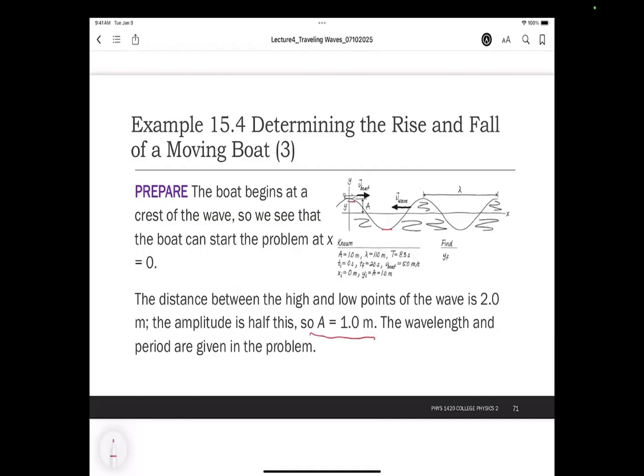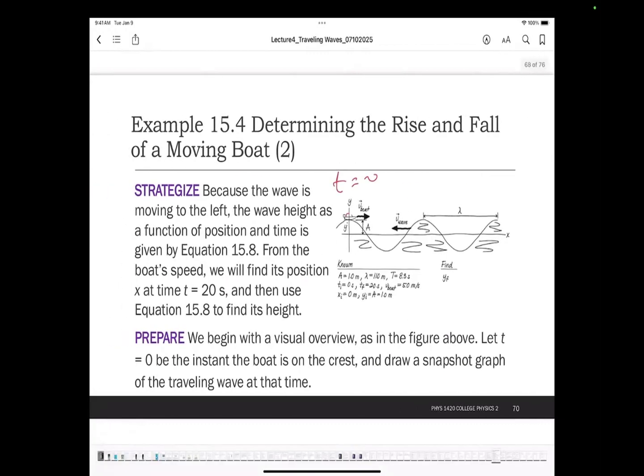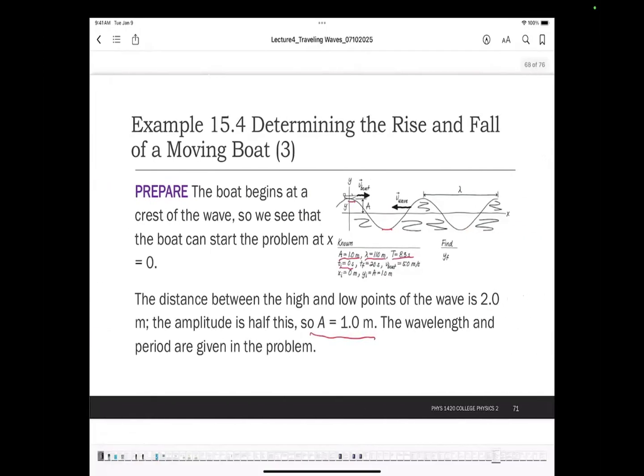The wavelength and the period are given in the problem. The wavelength we know is 110, and the period is 8.3 seconds, and the amplitude is 1 meter. For now we want to get the position x at t equal 20 seconds.